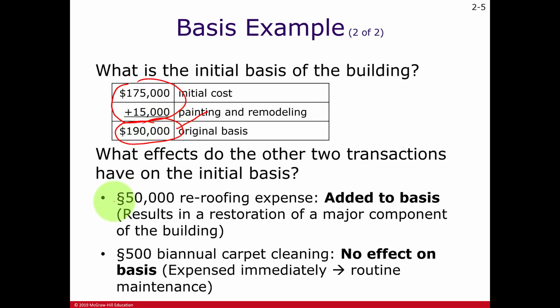So how about the $50,000 spent on the re-roofing? This is 2 years into buying the building. Well, you know this 50,000? This is a new building asset. This is our old building asset. We're going to see non-residential real property is going to have a life of 39 years.